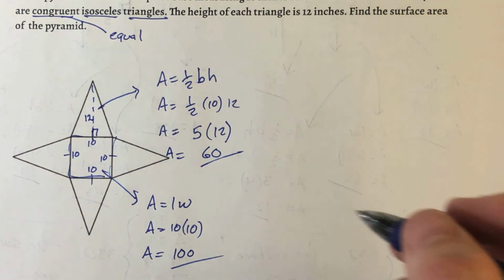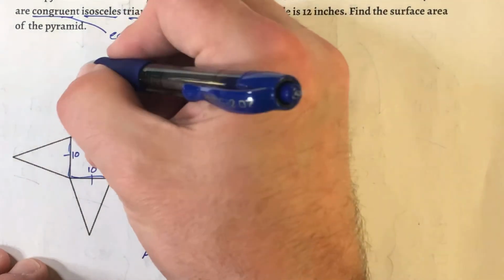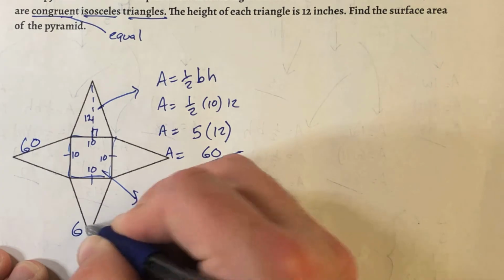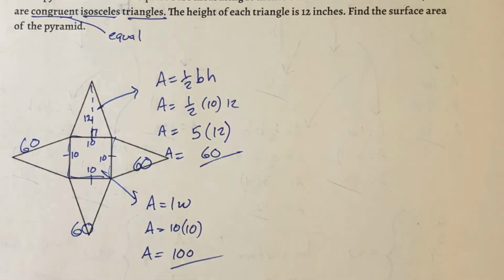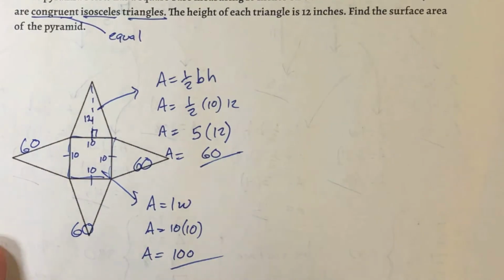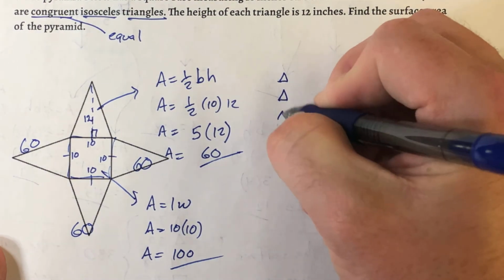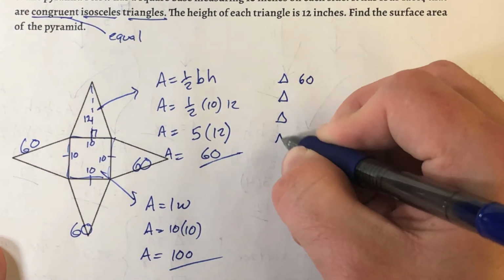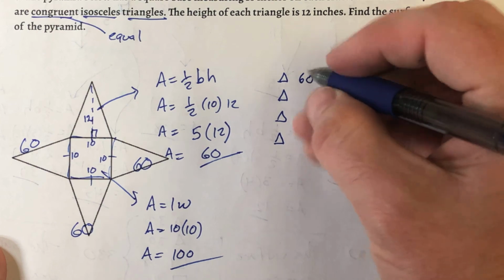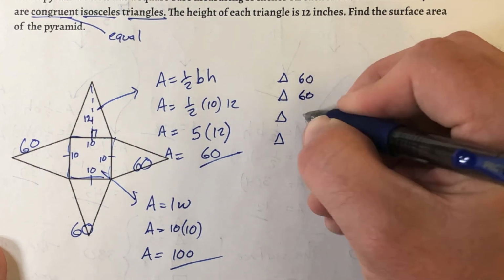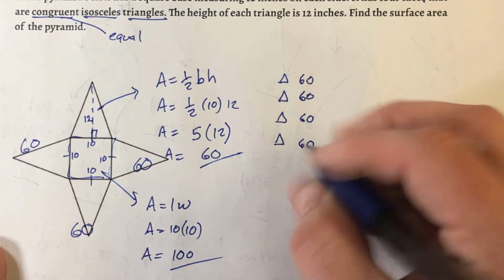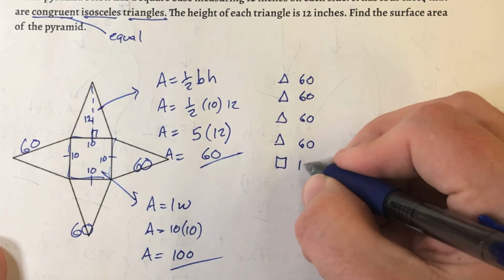And guess what? They're all congruent isosceles triangles. So this one is 60. This one is 60. Everyone gets a 60, the triangles that is. Okay, so we have 4 triangles, because it's a square pyramid. It's got 4 triangle faces that are all 60, and a square bottom, which is 100.